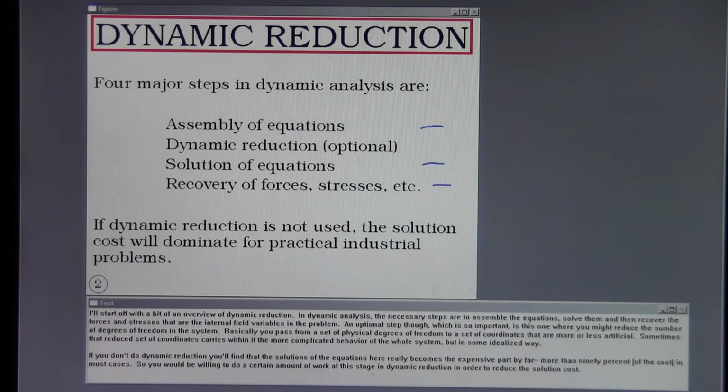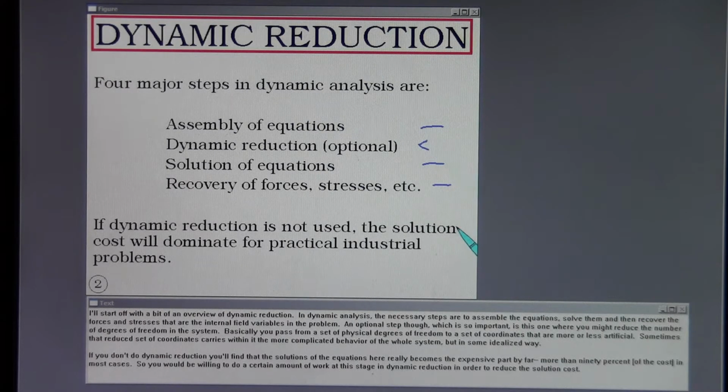An optional step, though, which is so important, is this one, where you might reduce the number of degrees of freedom in the system. Basically, you pass from a set of physical degrees of freedom to a set of coordinates that are more or less artificial. Sometimes that reduced set of coordinates carries within it the more complicated behavior of the whole system, but in some idealized way.